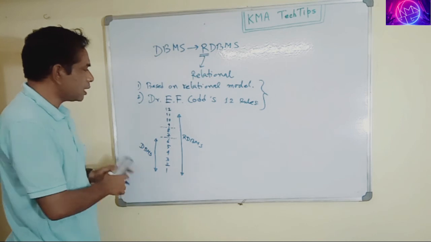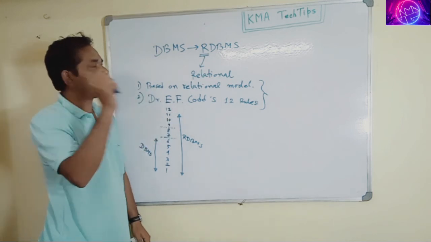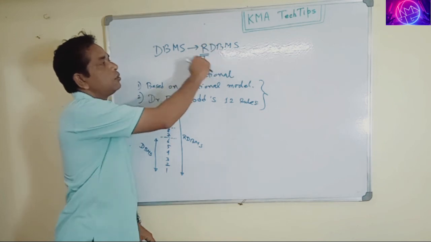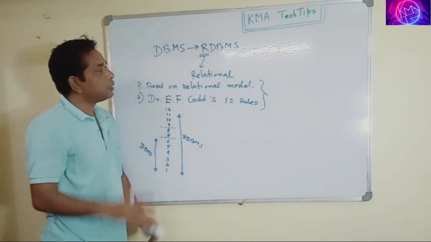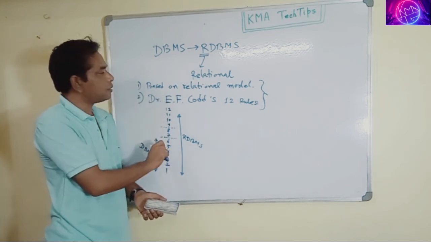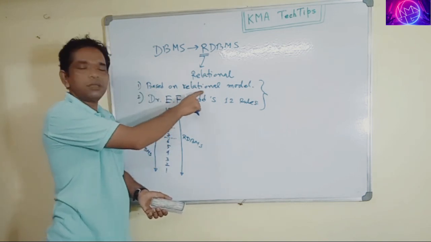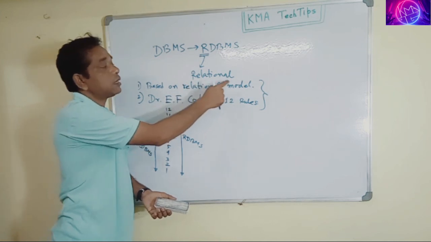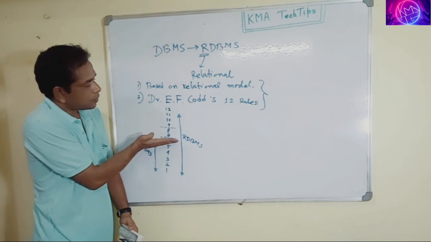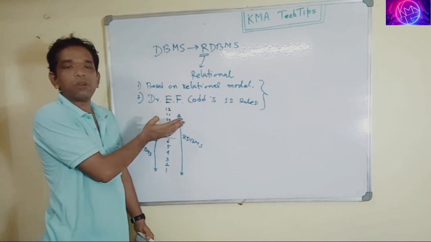Whenever you are asked to clarify the term, let's repeat it again. What do you mean by RDBMS? Your answer would be that RDBMS is a database management system which is purely based on a relational database model, and it satisfies more than 7 to 8 rules of Dr. Codd.